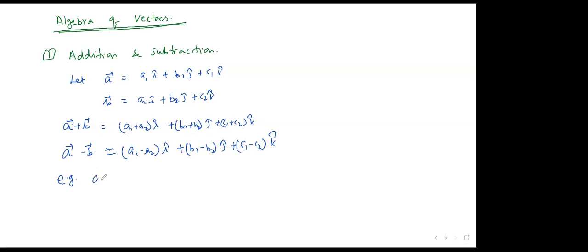Suppose we have vector A equals minus i cap plus 3j cap minus 5k cap, and B vector is 2i cap plus 1j cap plus 3k cap.